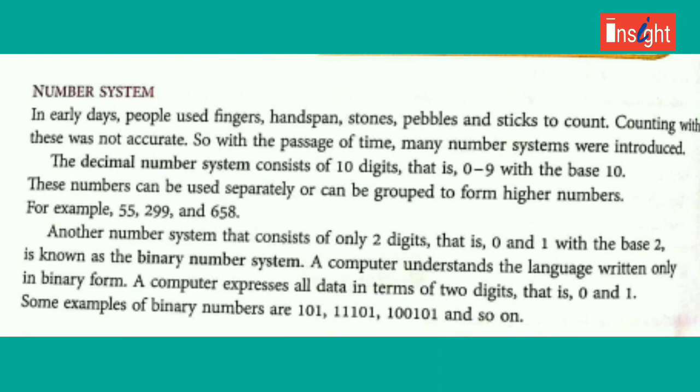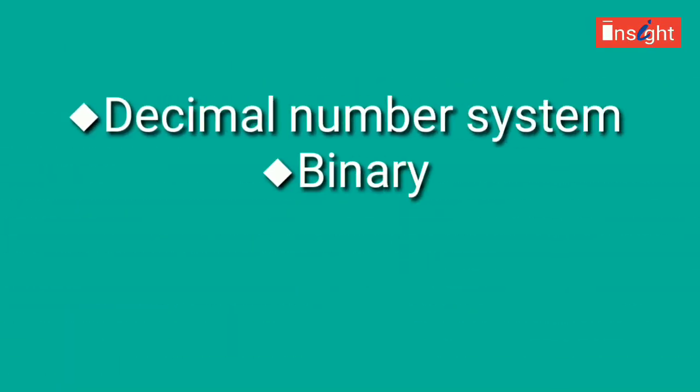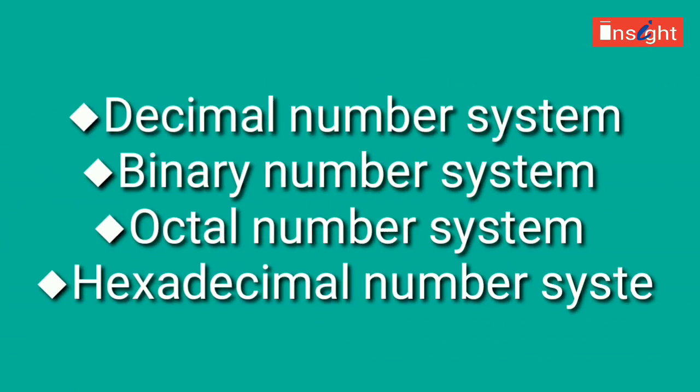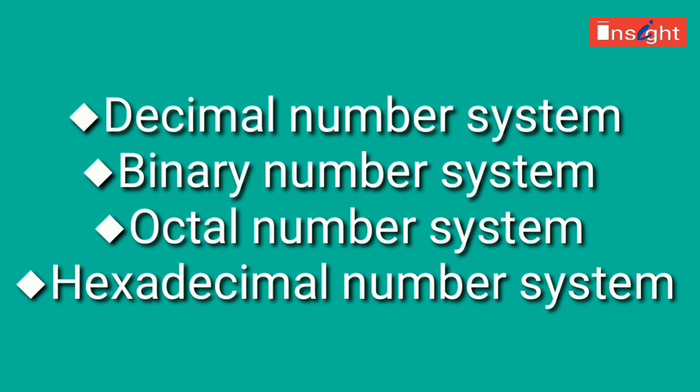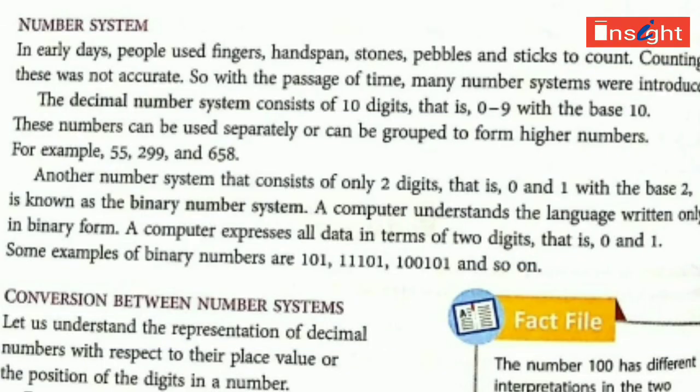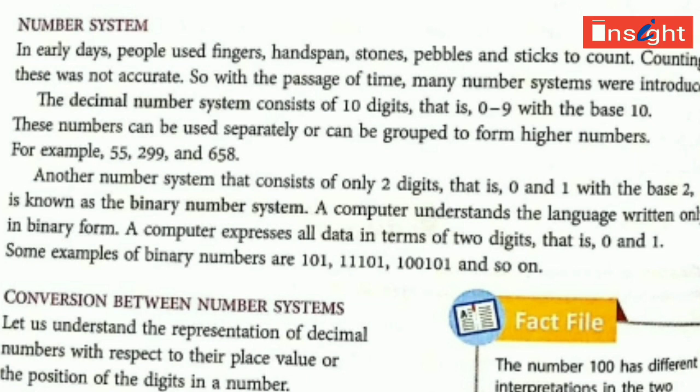So, with the passage of time, gradually many number systems were introduced, like decimal number system, binary number system, octal number system, hexadecimal number system, etc. Children, you have already learned the decimal number system in your math subject. Here basically we will focus on binary number system and conversion of binary numbers into decimal number and vice versa.